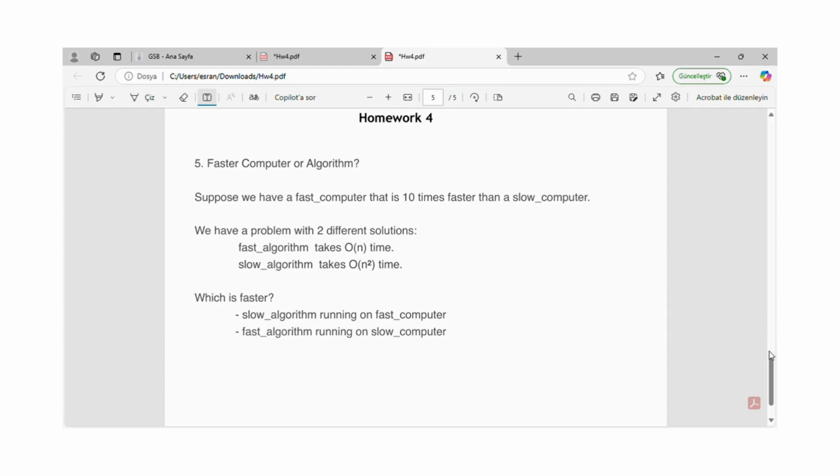Okay, the fast algorithm takes O(n) and the slow algorithm takes O(n squared) time. The slow algorithm running on the slow computer is O(n squared), and the fast algorithm on the slow computer is O(n). And the fast computer is over 10.